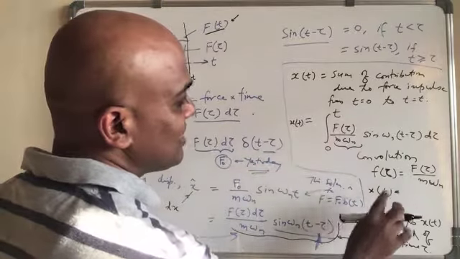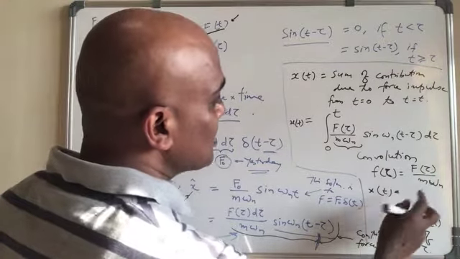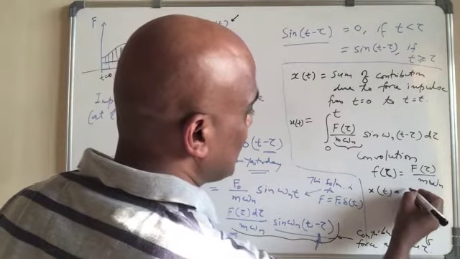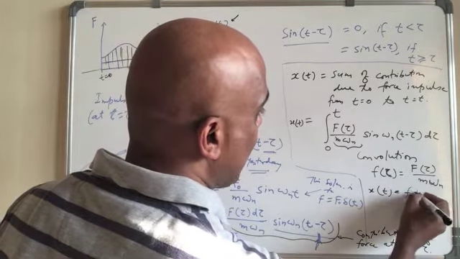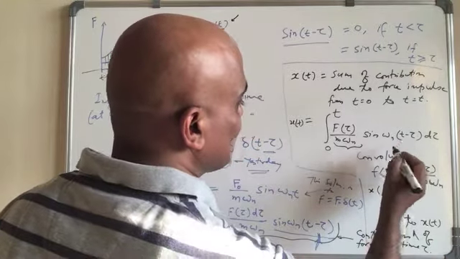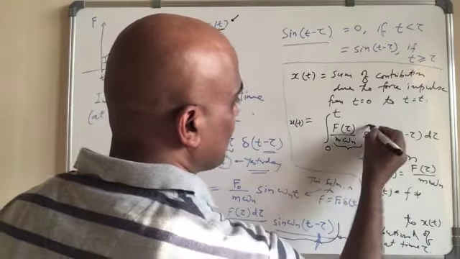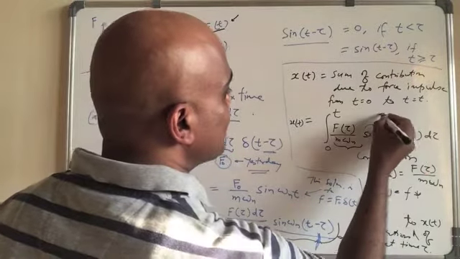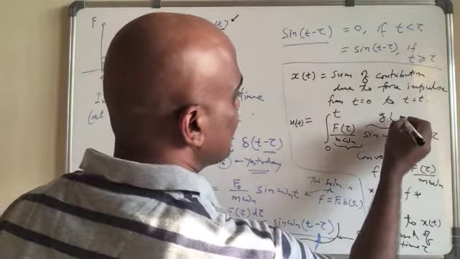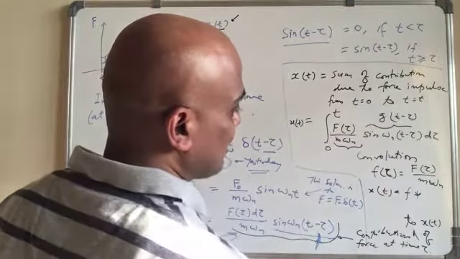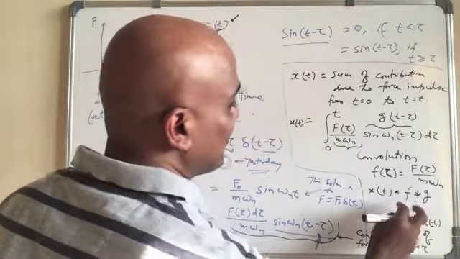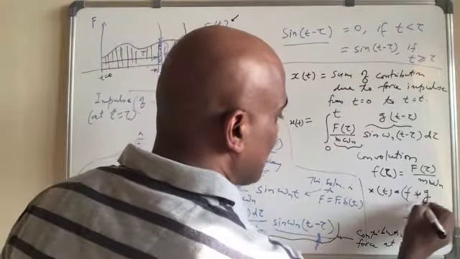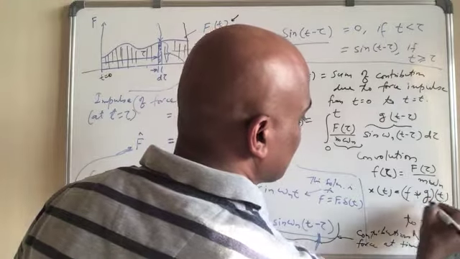So from 0 to t. So x(t) we can also write as f star g. This is a function, f. Let's call this one g, g(t minus tau), right? So we will call it f star g. This is a convolution of functions f and g, and this is a function of t.